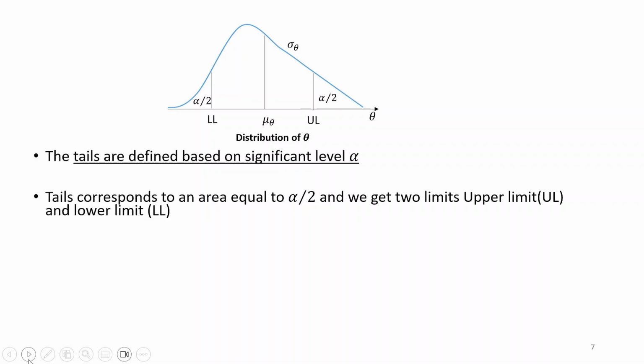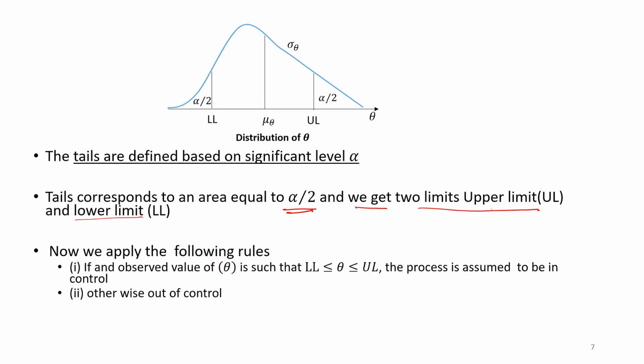Now, the point is, how do I define the tail? The tails are defined on the basis of significance level. That is, whether we want 5% significance level or 2% significance level or 1% significance level. This is all decided by the level of significance. So the tails correspond to an area equal to alpha by 2, and we get two limits of the tail, one of them known as upper limit and the other known as lower limit.